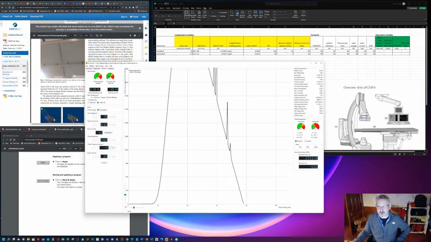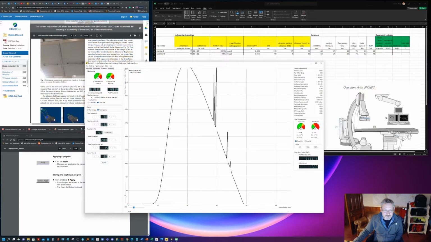The source image distance is set, the detector patient distance is set, all that's set. So everything else is set and we're ignoring that one. So we're all ready to go. Oh, it wants 30 seconds of exposure. So this is set at 30 seconds of exposure, required time 30 seconds.